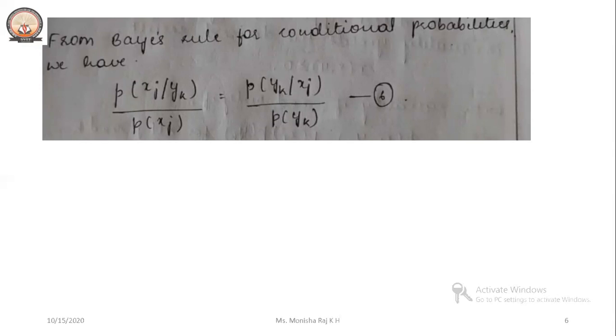and equation 4, that is what we've got in the previous slide, in equation 1, we get I(X,Y) as summation j = 0 to J-1 into summation k = 0 to K-1 P(xj,yk) into log of P(xj|yk) by P(xj).